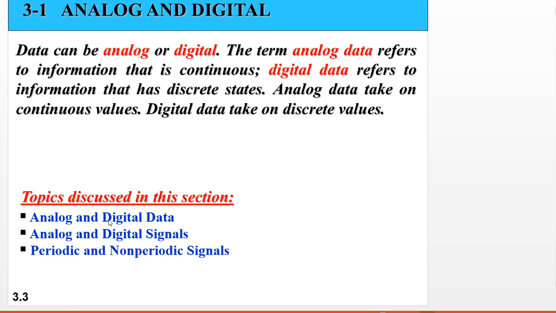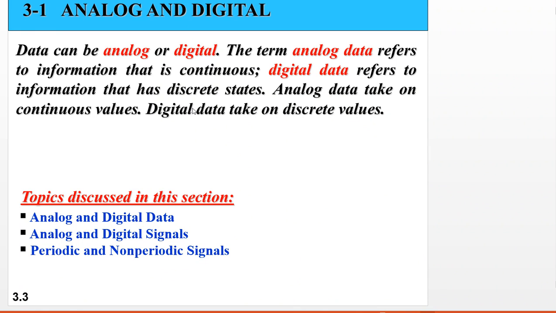The analog data is the one which is continuous data, and the digital data refers to information that has discrete states. If I give an example for digital data, the data which is stored in the computer memory is digital data, because the data which is stored in the computer is either in the form of 0 or in the form of 1. That is digital data.